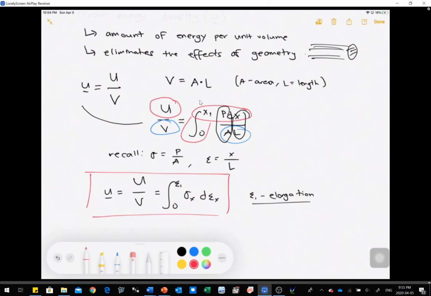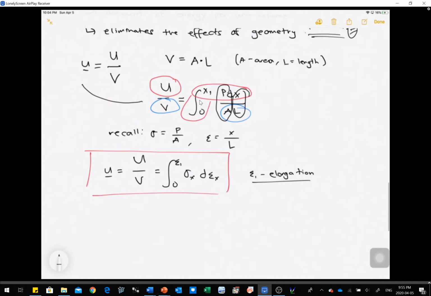For the units, small u is in joules per meter cubed, so energy per amount of volume, or we can also have pound inch per inch cubed right here.